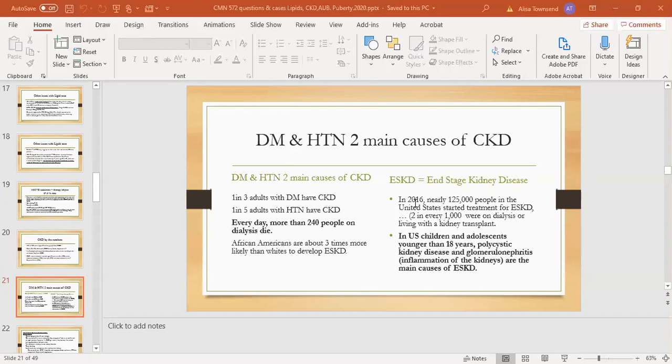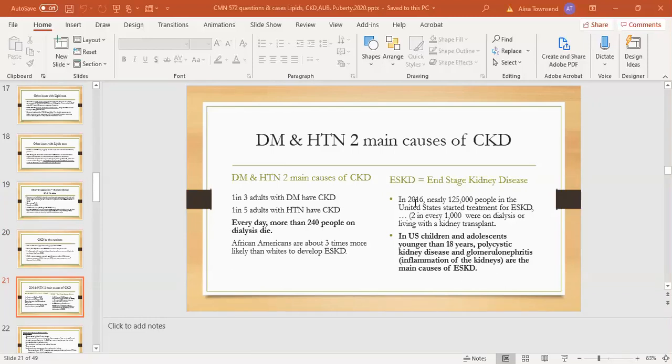So that's important. 1 in 3 adults with diabetes have chronic kidney disease. 1 in 5 adults with hypertension have chronic kidney disease. Every day, 240 people are placed on dialysis. African Americans are more likely to be affected than whites. You just have some numbers here.